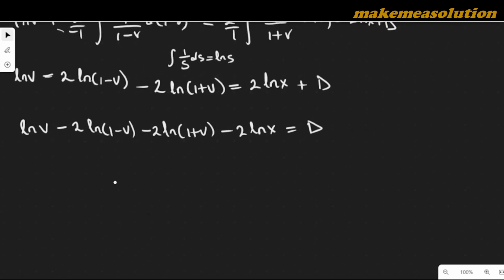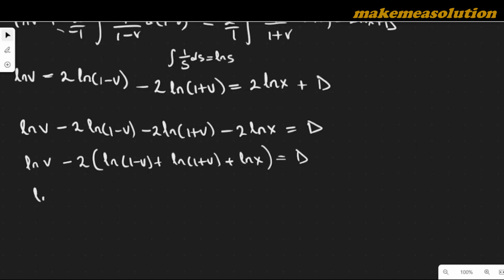So you have ln v, then minus 2 into ln(1 minus v) plus ln(1 plus v). Then you now have, what do you have again? And plus ln x. Is that okay? And this is equal to d.